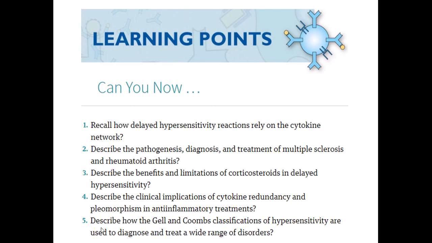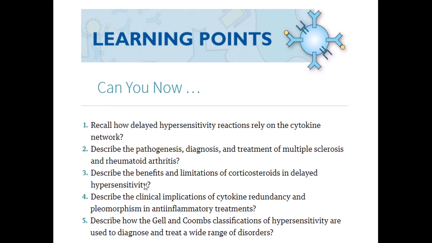And finally, describe how the Gell and Coombs classification of hypersensitivity reactions is used to diagnose and treat a wide range of disorders.